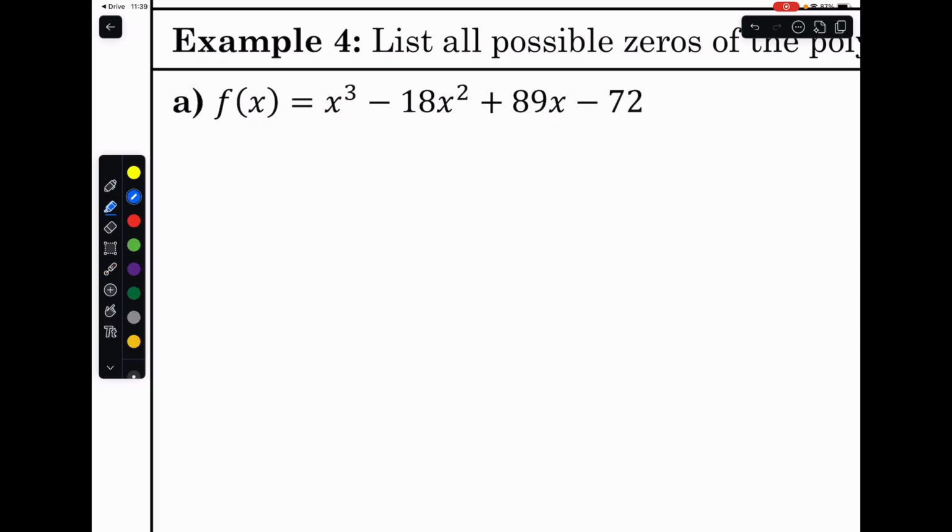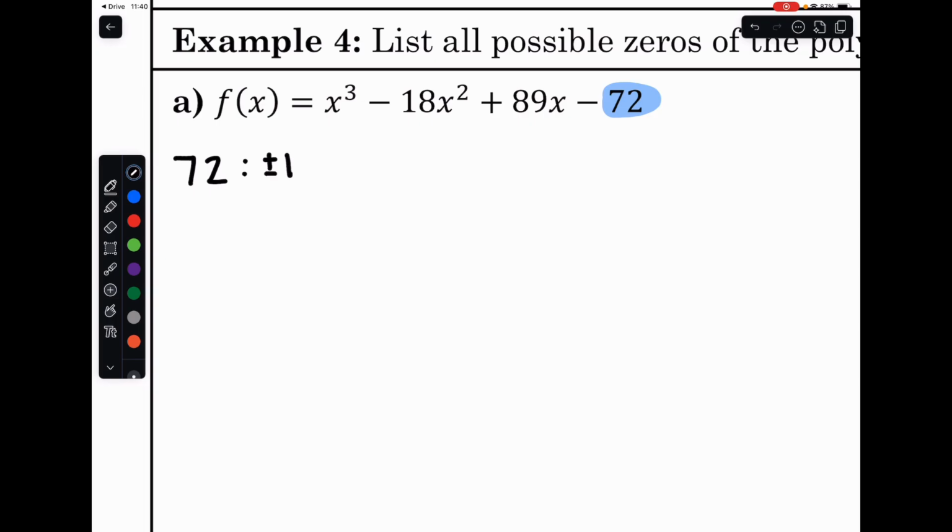So we begin by looking at the constant, this number right here, and finding all of the factors of 72, which are going to be the numbers that divide 72 without remainder. Going in order, starting with the smallest one, 72 can obviously be divided by 1, and of course, it could also be divided by -1.